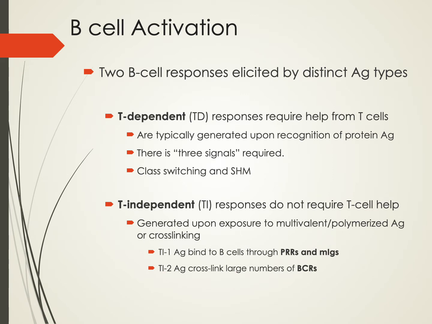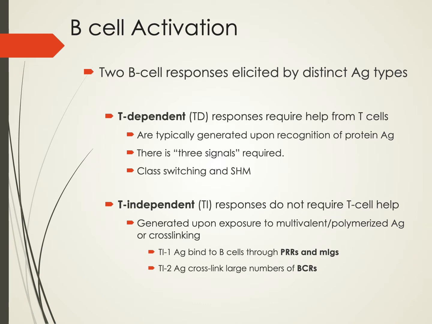The other way that B cells can become activated is T-independent. T-independent is thymus independent, so this does not require T cell help. Usually what's happening is cross-linking of the B cell receptor with antigen that's still on the bacterial cell. It's also possible that interactions with the B cell receptor and pattern recognition receptors can lead to activation of the B cell.